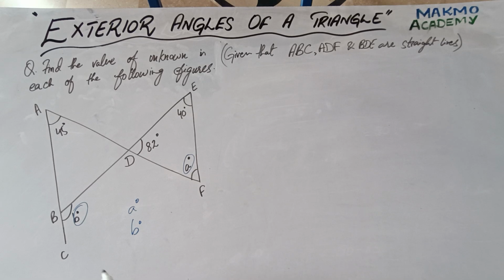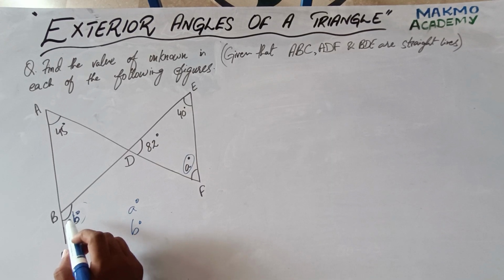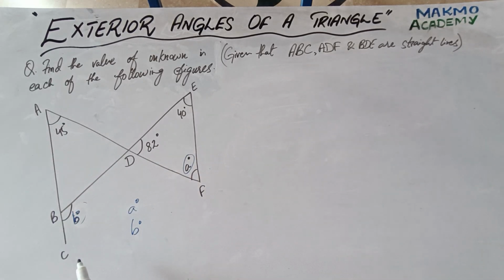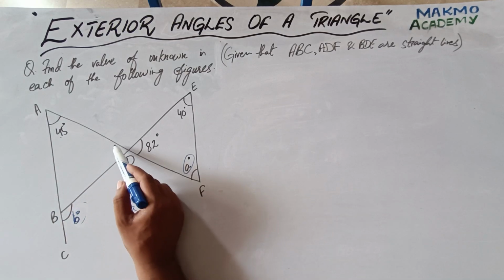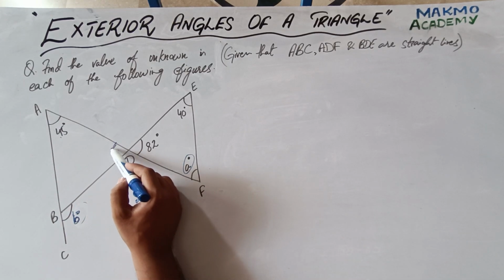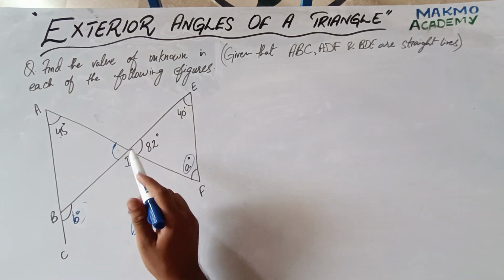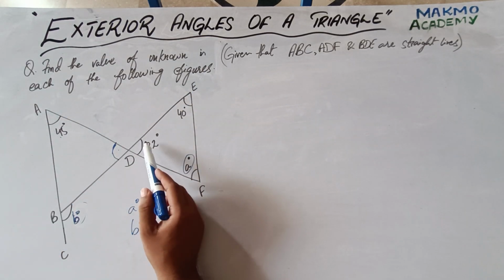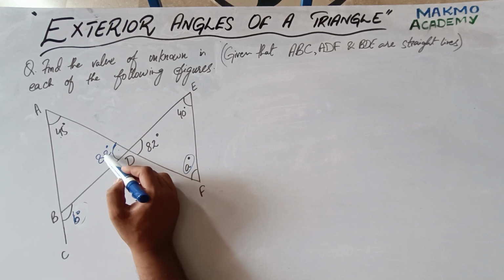So if we talk about angle B, this angle B is the exterior angle of this triangle. The exterior angle is equal to the sum of the two opposite interior angles, but this angle is not given. But if we see that these two are straight lines, then these are vertically opposite angles.